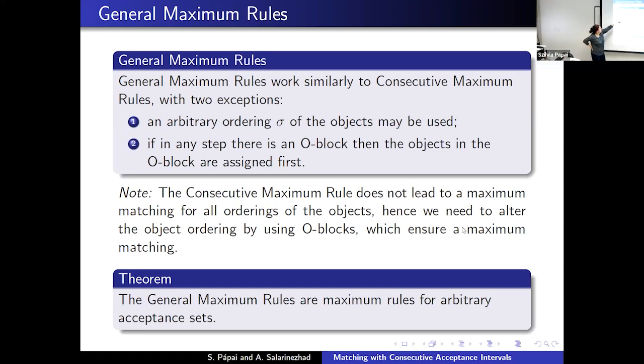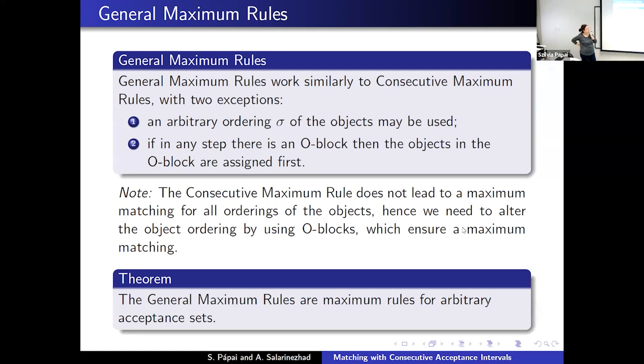Because we are going by a certain ordering of the objects, we are going to pick those objects which come first in the ordering. But an object can be in several O blocks, right? No, each object can only be in one O block. That's right. So it's like a partition.